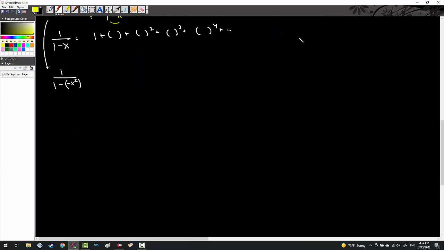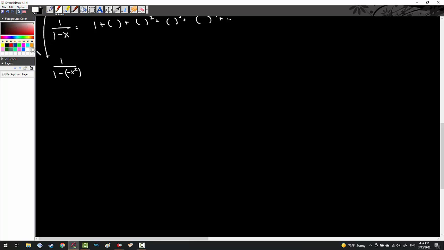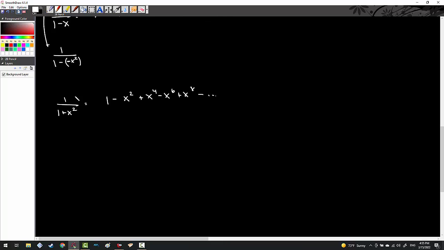So I'm going to go and clean him up a little bit, because there's something else I want to do with this. Now that we have the power series representation for this, we can actually create the next power series through integration, because this guy will become tan inverse of x.